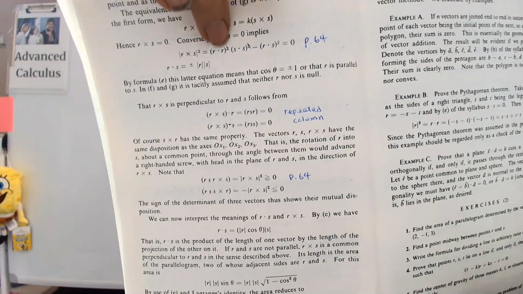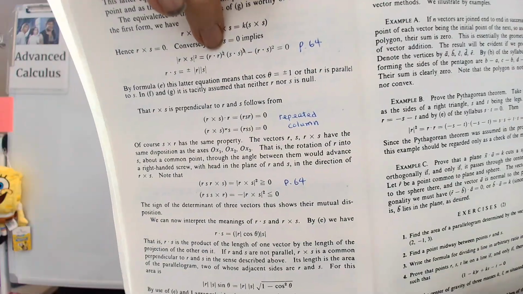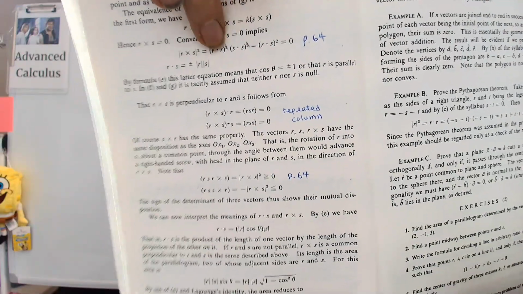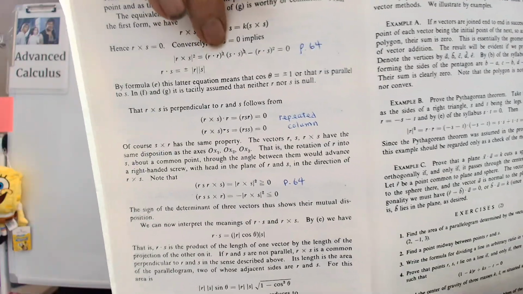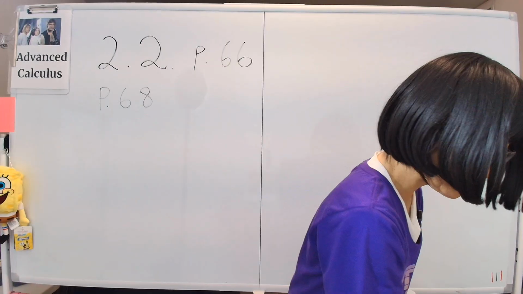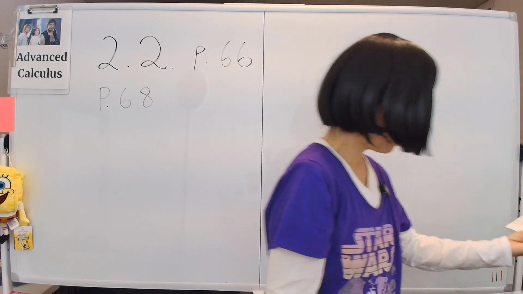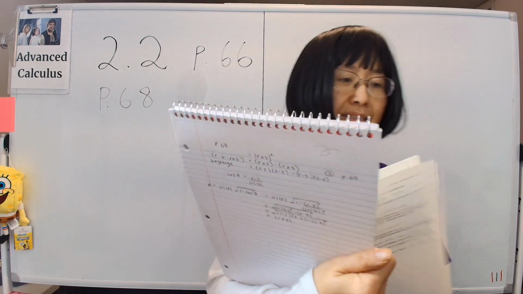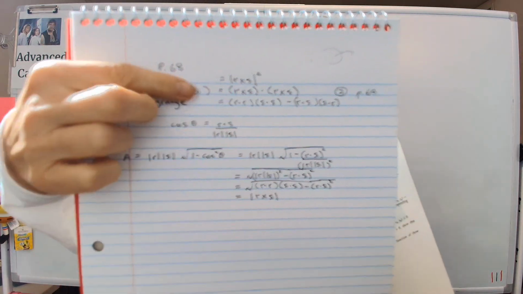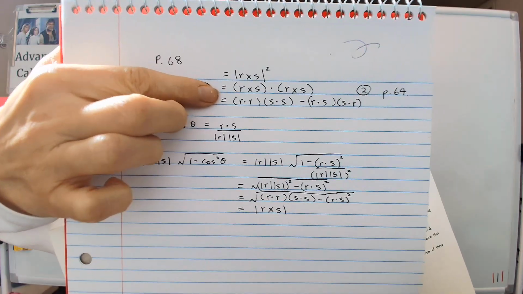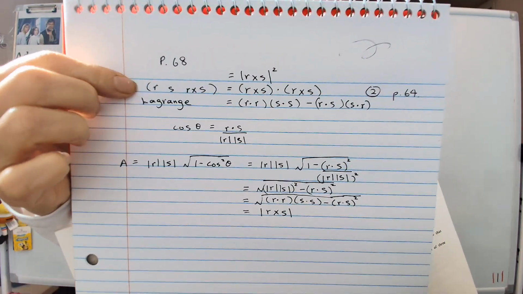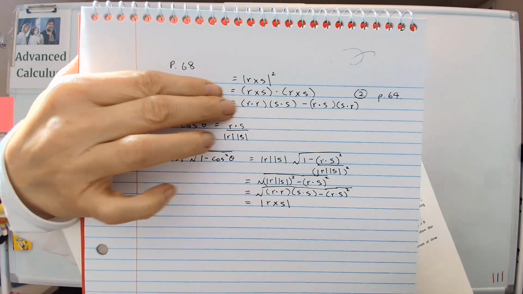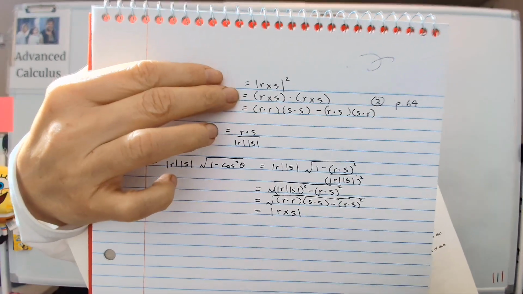And your book has a small mistake of adding squares here, too many squares. There's no need for the squares here, because if you confirm this equation with the Lagrange identity, then you get that thing. It's just r cross s, because the magnitude is r cross s dot r cross s, right?